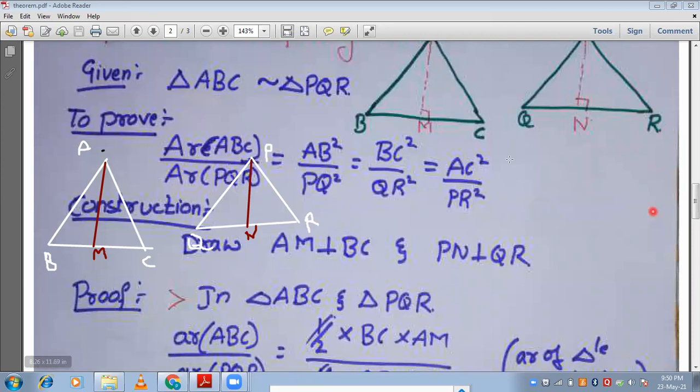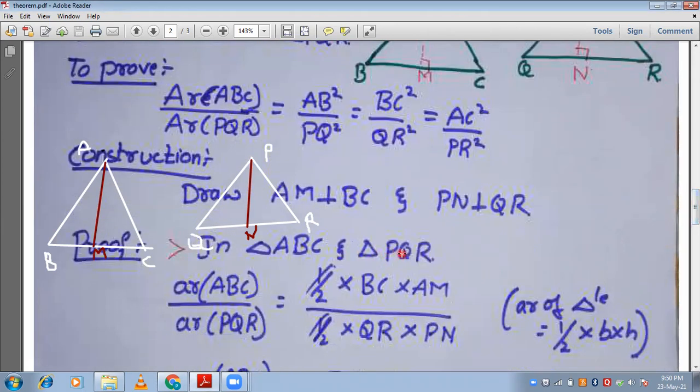Next, proof. Take the LHS. In triangle ABC and triangle PQR, LHS is area of triangle ABC divided by area of triangle PQR, which equals, what is the formula? Area of triangle equals half into base into height.